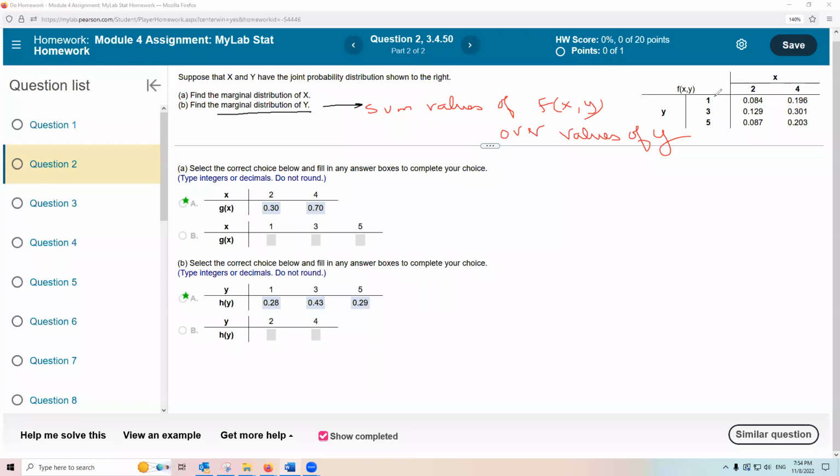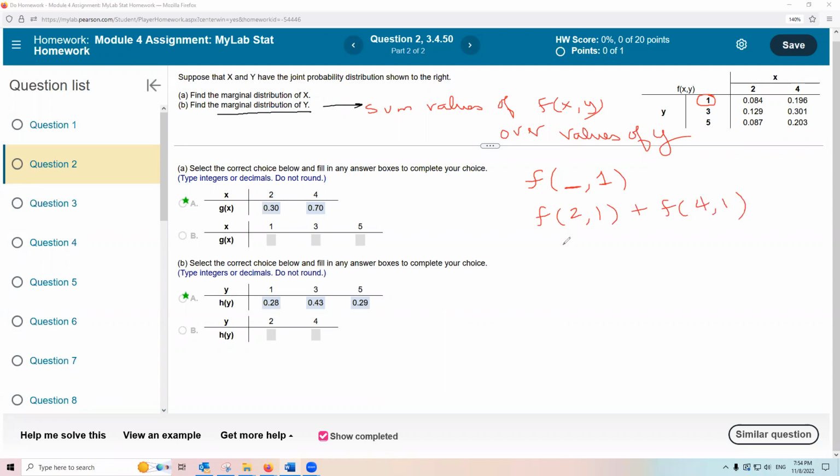So let's start out with this y value of 1. I'm going to fix y to be 1, but I'm going to vary across all the values of x. So this is going to be f of 2, 1 and f of 4, 1.